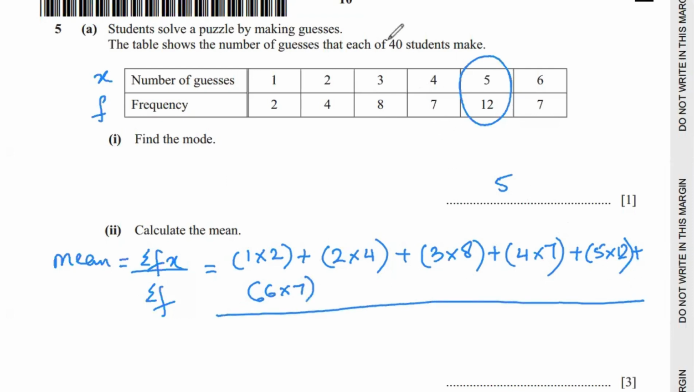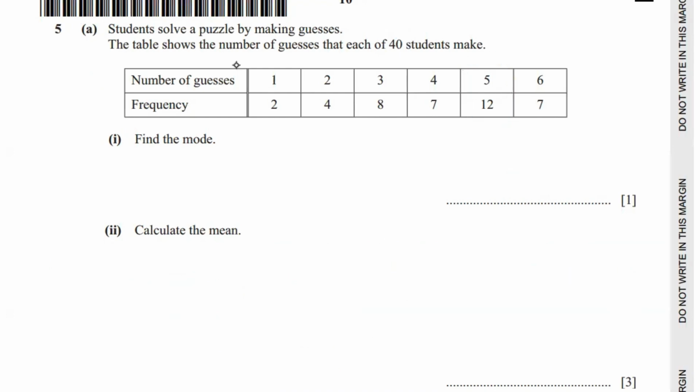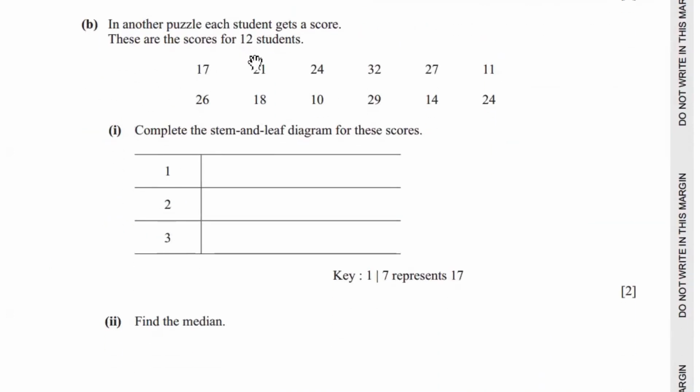All of this is divided by total frequency, which is 40. So that will give us 164 over 40, which simplifies to 4.1. That is your mean.